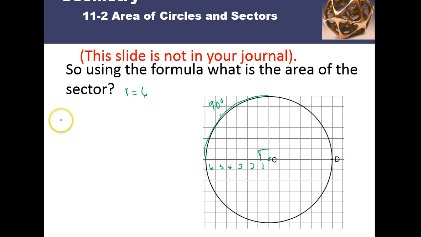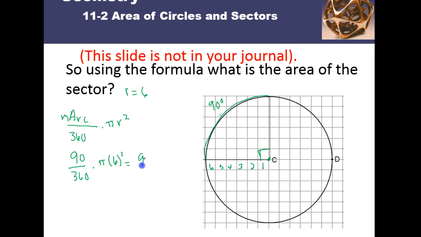So remember, the formula was the measure of the arc over 360 times pi r squared. So the measure of my arc was 90 over 360 times pi times 6 squared.